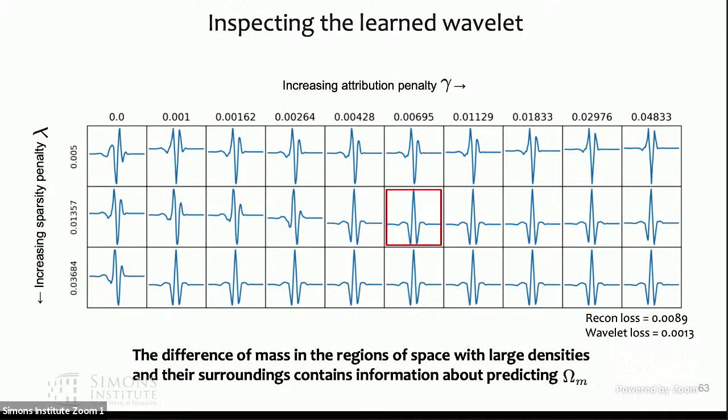You have the attribution penalty, that's the interpretation penalty, and you also have a sparsity penalty. And we use cross-validation to find this, which is kind of symmetric wavelets. So this is a method we designed for cosmology.